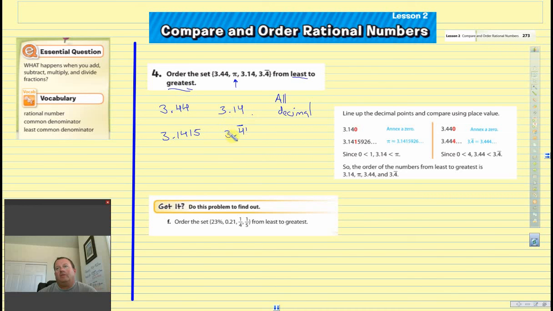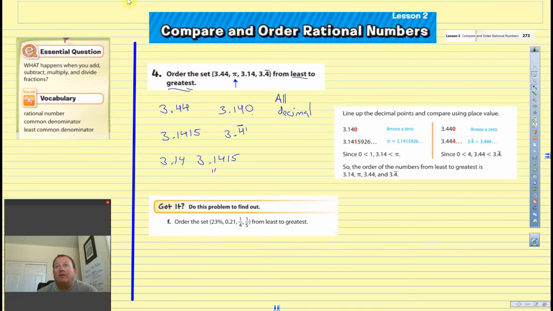So if I was going to set this up, it's going to go 3.14. And then because after the end of this is going to be 0, and I look over here, this is 1, so I know this is going to be greater, 3.1415. So basically that's pi here.